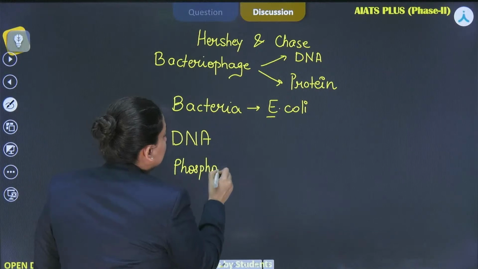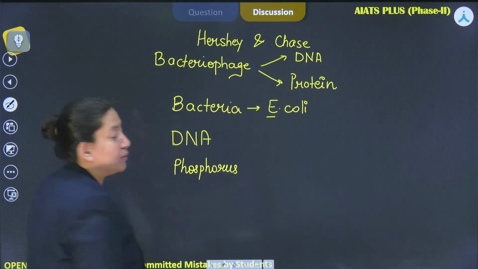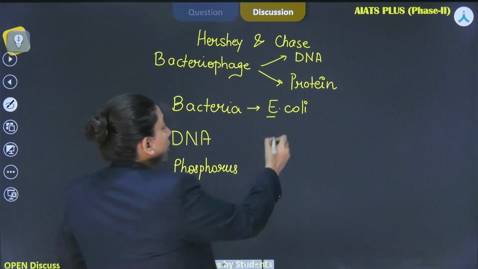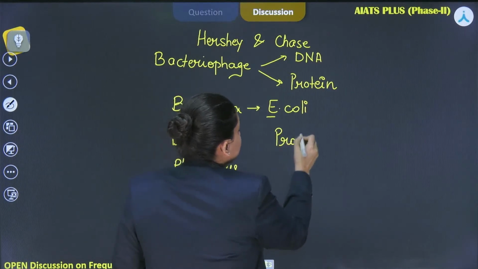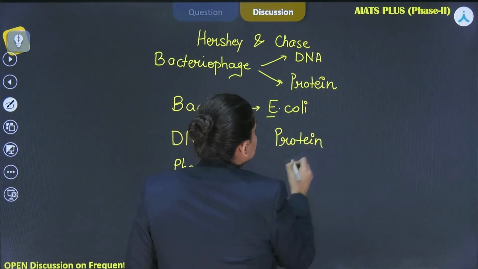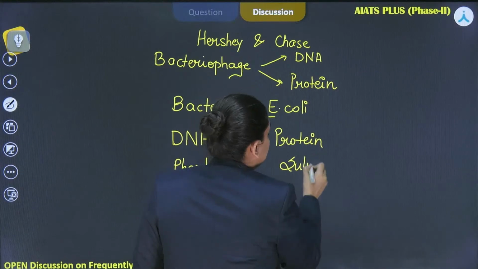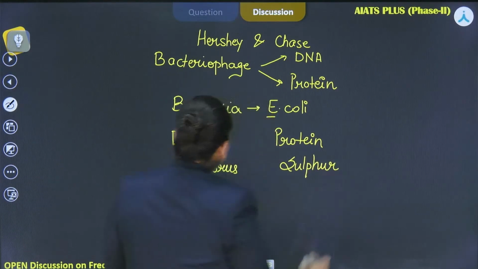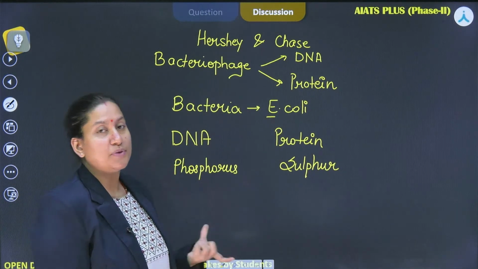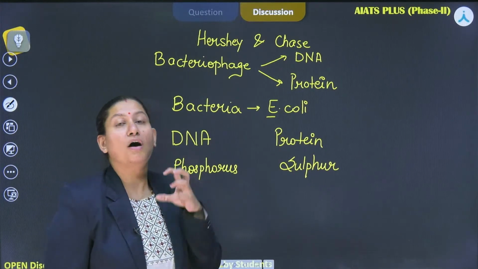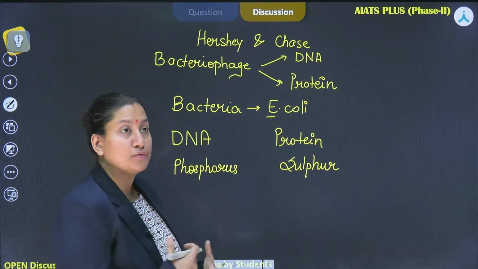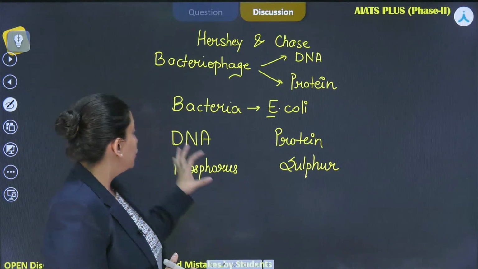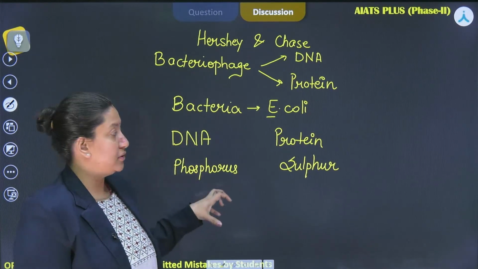Phosphorus is found only in DNA. It's not being found in the protein. On the contrary, protein has sulfur, right? Now, where this phosphorus is present, it is present in the phosphate group of nucleotides, right? That's how the phosphodiester linkages are being formed. So DNA is flooded with these phosphorus molecules.